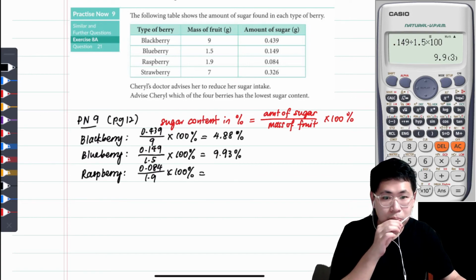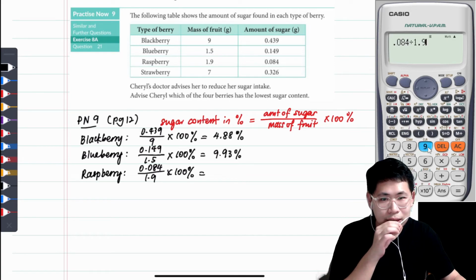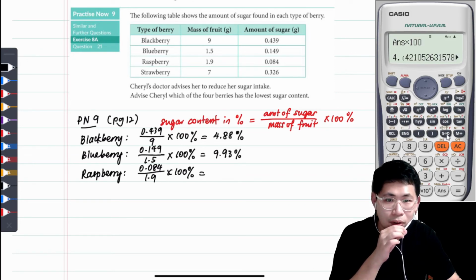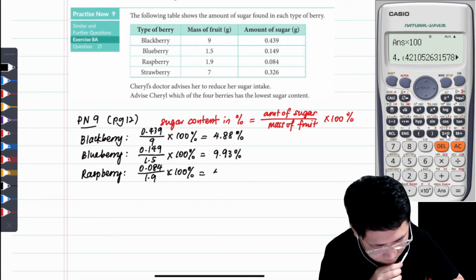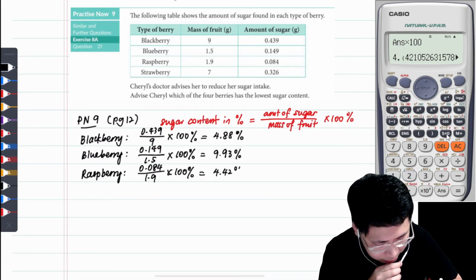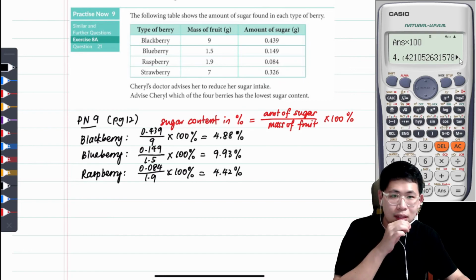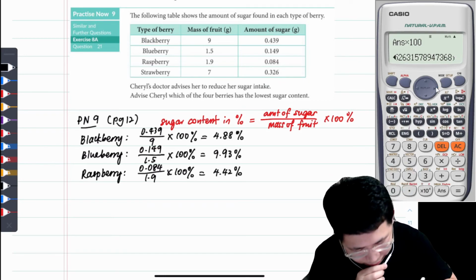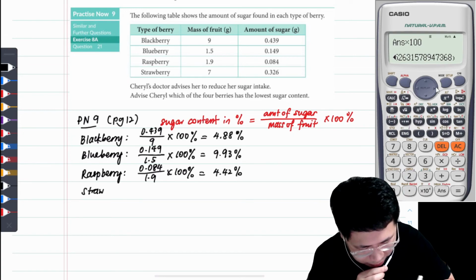So we're going to have 4.42. That's a long list of repeating numbers though. Wow. I can see this because this is a Vietnamese calculator.